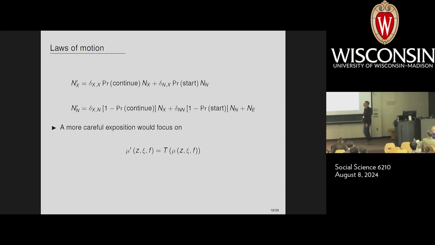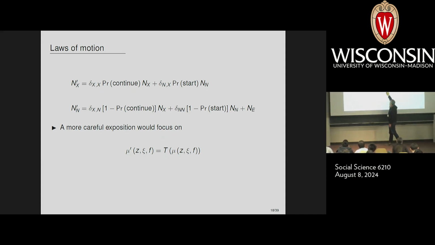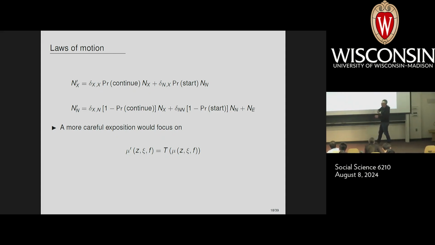Okay, so there are some laws of motion for these firms. I'm going to write them down in a very stylized way, because there are lots of integrals and it's complicated. But from every period to the next, there are firms growing, shrinking, becoming exporters, leaving exporting, staying as exporters, and so these distributions have somewhat complicated laws of motion.